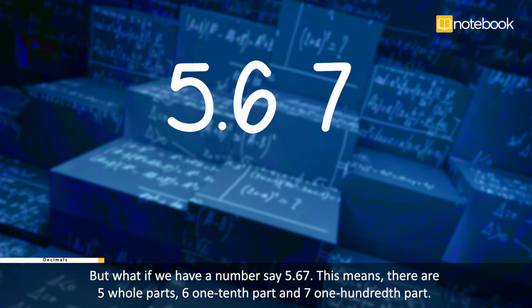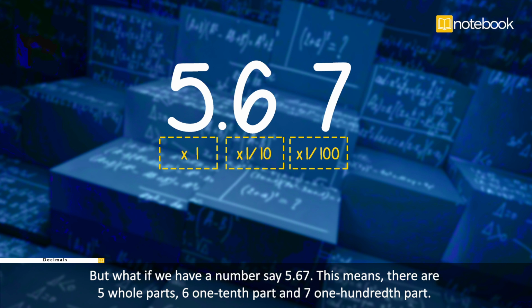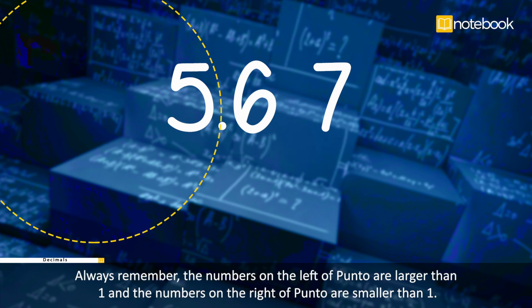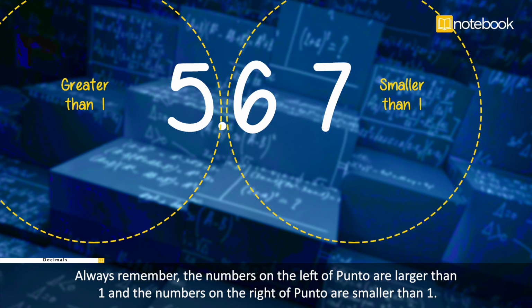But what if we have a number, say 5.67? This means there are 5 whole parts, 6 1/10th parts, and 7 1/100th parts. Always remember, the numbers on the left of punto are larger than 1, and the numbers on the right of punto are smaller than 1.